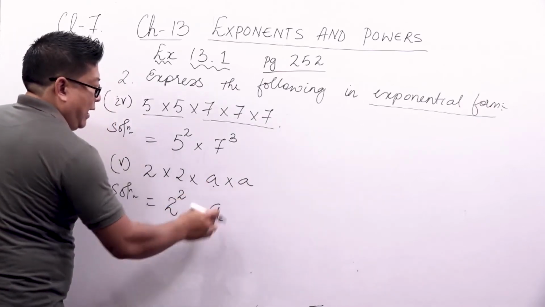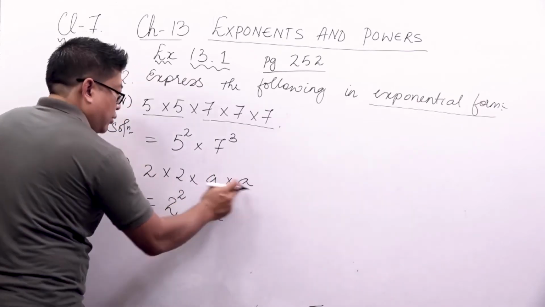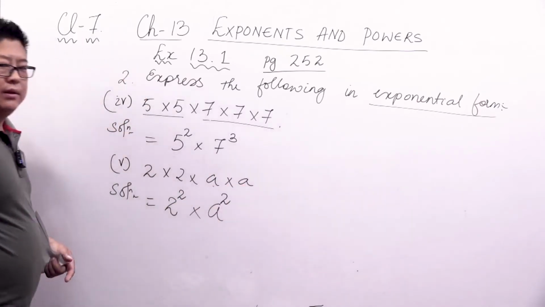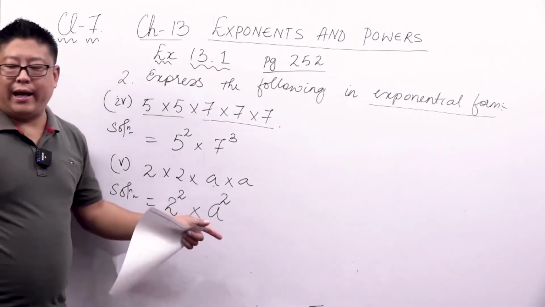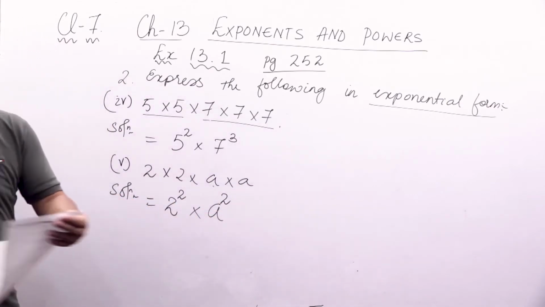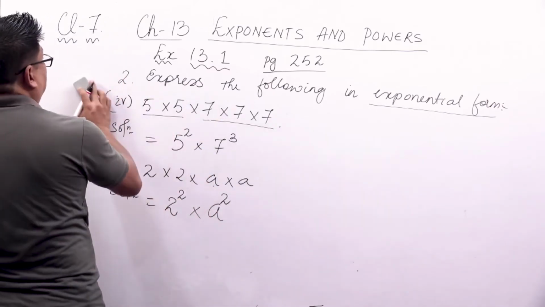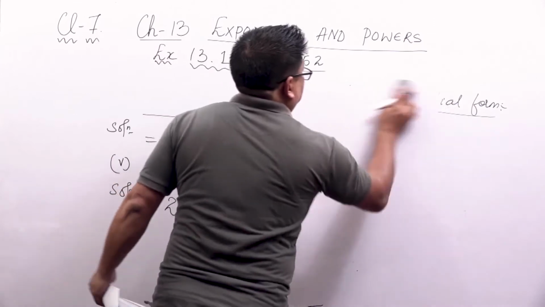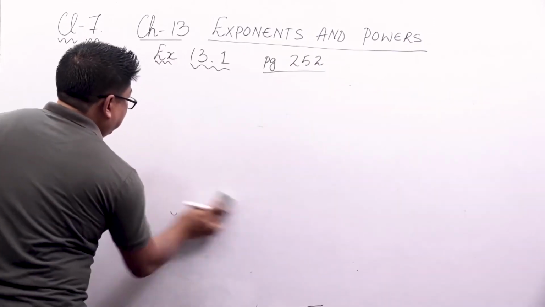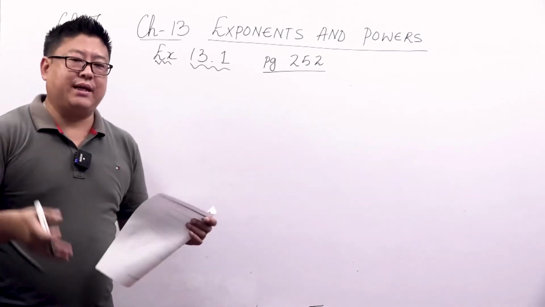How many times is a being multiplied? 2 times. So like this, 2 to the power 2 into a to the power 2. All right. So this is about expression of exponential form. Now the rest I will leave for you to try at home. It's all similar. Just identify the different bases and the number of times they are multiplied.